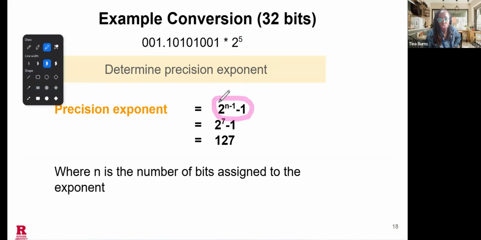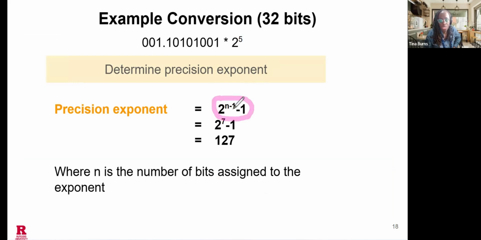It will be 2 to the n minus 1, minus 1. What does that mean and why are we using that? So we already said for our bias value for the whole number, which is going to be your exponent, we have 8 bits to represent this number.